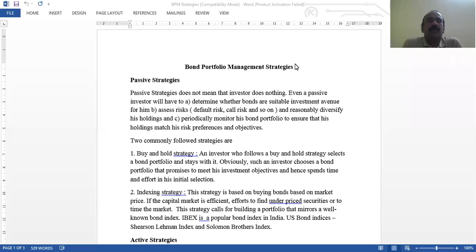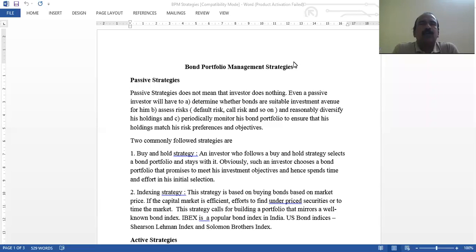Today we are taking up bond portfolio management strategies. We have seen in the previous sessions duration, computation of duration, and properties of duration, and how to compute the duration for zero coupon bonds, for fixed income bonds, and for perpetuity. All that we have seen.